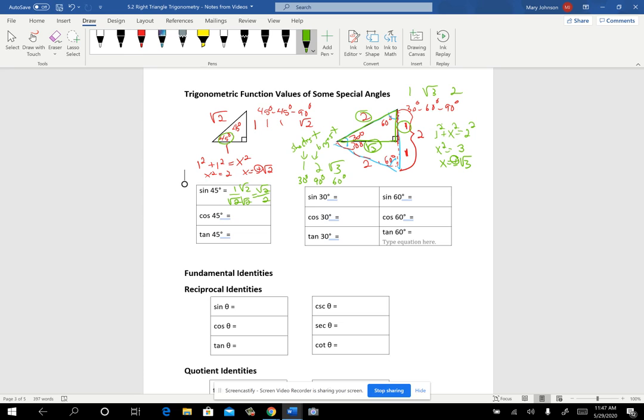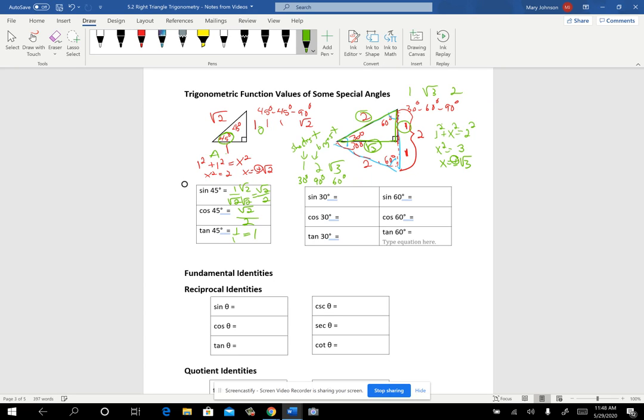Doesn't matter which angle you focus on. Okay, you're going to have the sine being 1 over the square root of 2 and the cosine being 1 over the square root of 2. So we can just go ahead and say that. Okay, square root of 2 over 2. All right, now for tangent, if we're focused on that angle, it's opposite over adjacent. So that's just going to be equal to 1.